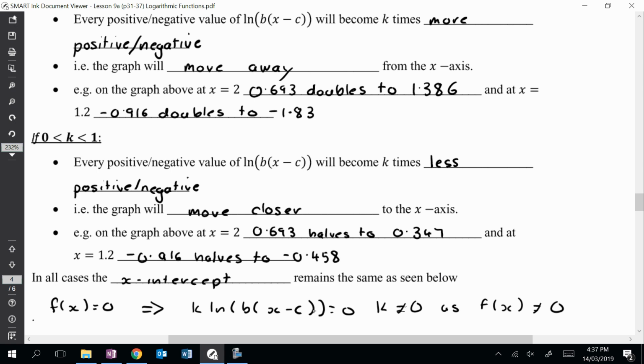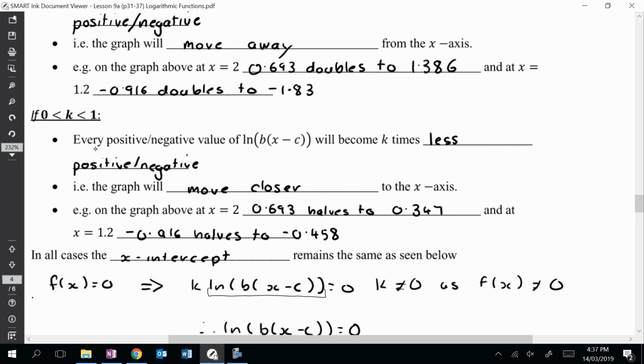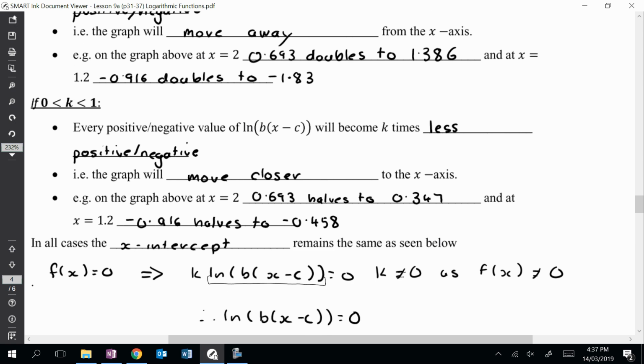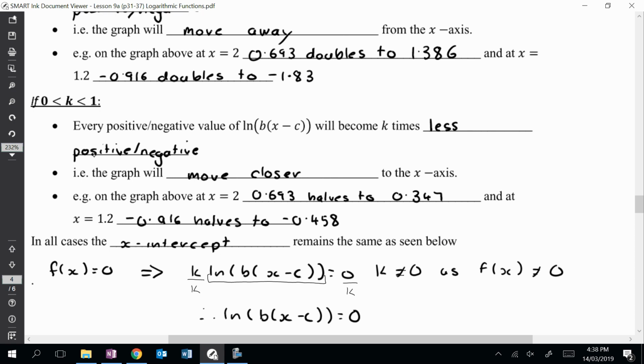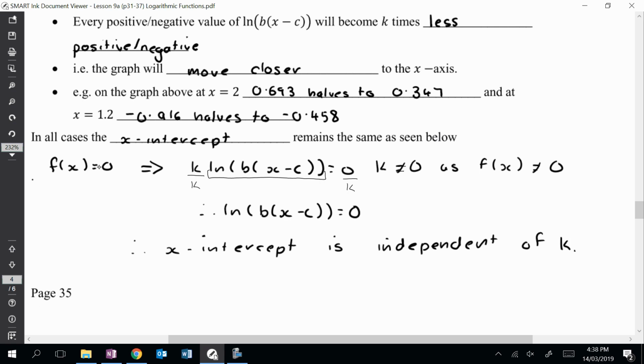So k can't equal 0, so then it just must be this section that is equal to 0. That must be when our x-intercept occurs. And so then k gets removed from our equation by dividing both sides by k. And so then ln b(x - c) is equal to 0. And so we can see that the x-intercept is independent of k. k doesn't have any effect on the x-intercept, which is what we saw.